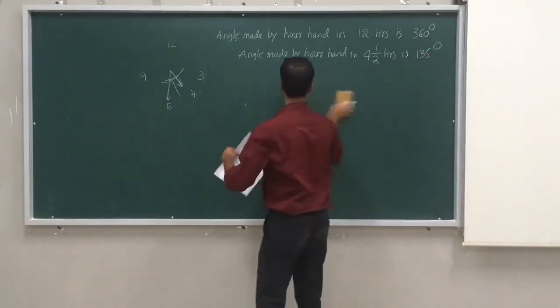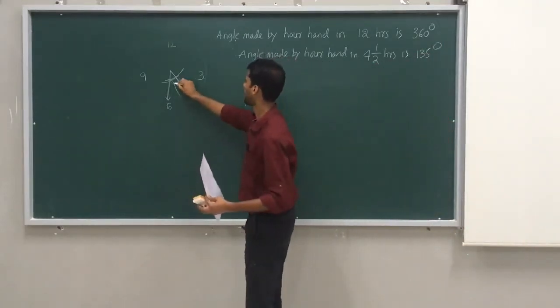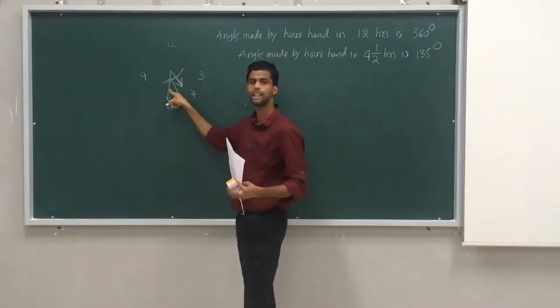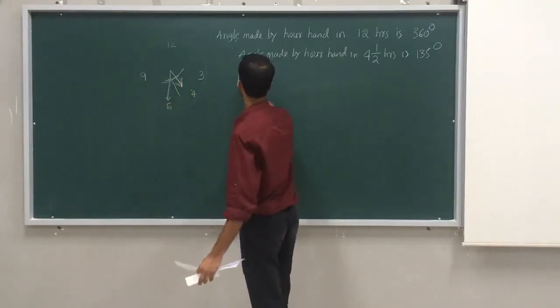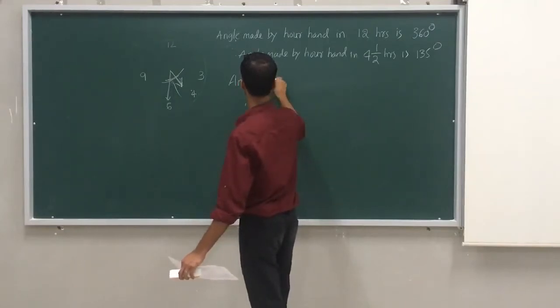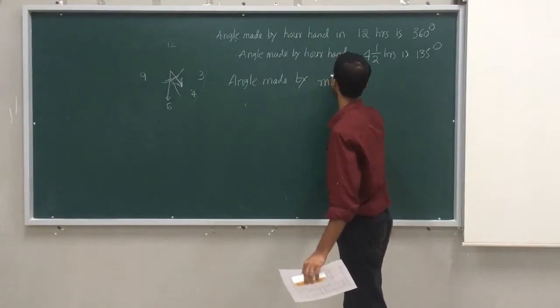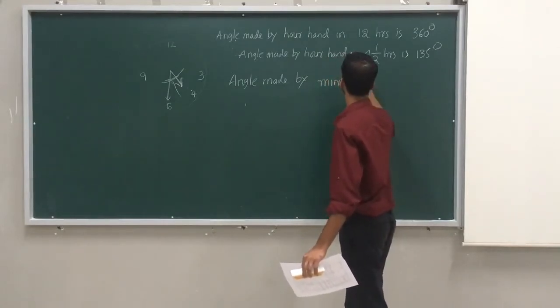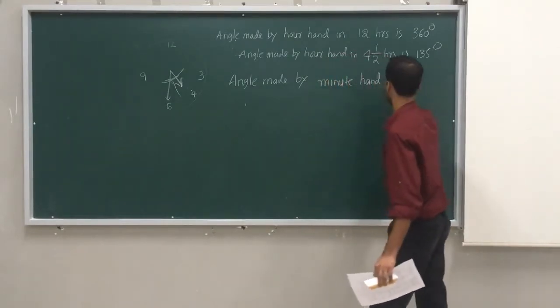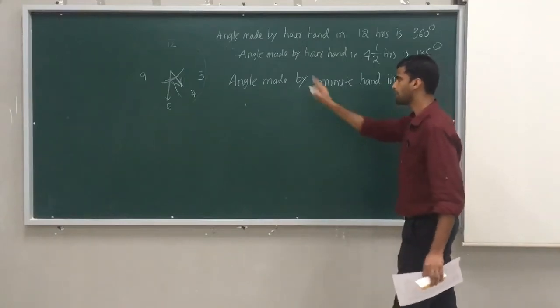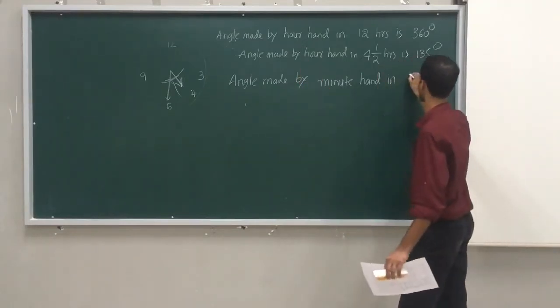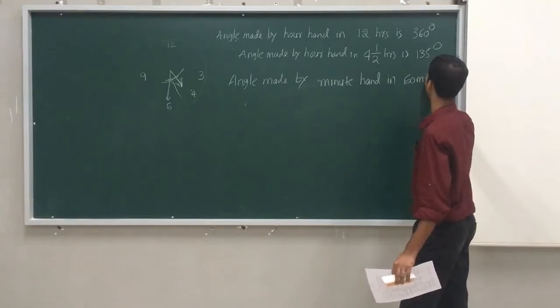Now, what we will do? I have considered the calculation of the minute hand also. So what I will do here is the angle made by the minute hand. For the minute hand we calculate 60 minutes.